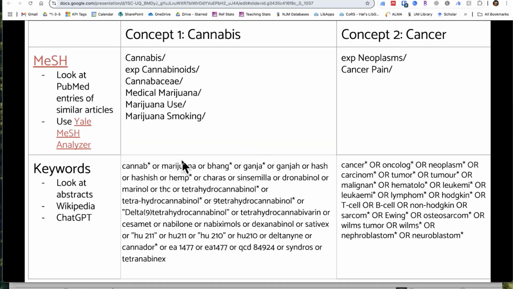And then I've gone through and pulled out a whole big list of keywords that you can see. These are all the different ways that cannabis and cannabinoids can be described in the literature. And same thing with cancer. So I made some suggestions for where you can look if you are trying to identify subject terms and keywords to build your search. This process can take a little bit of time, but that's what you're doing. You're just trying to be really comprehensive and think about all the different ways that a topic can be described in the literature.